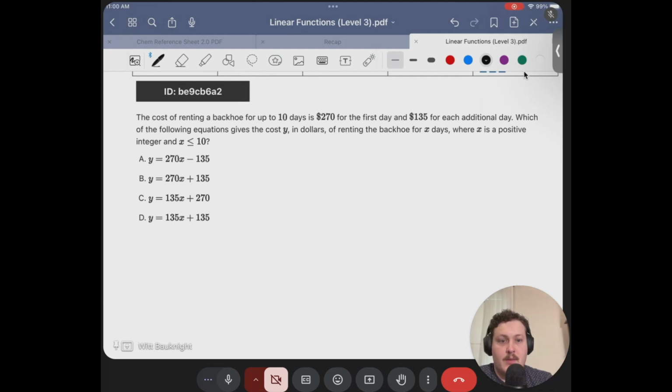Okay, without thinking too hard about this, here's the initial cost, and every day the slope goes up by that much. So I'm going C without thinking too hard about it.